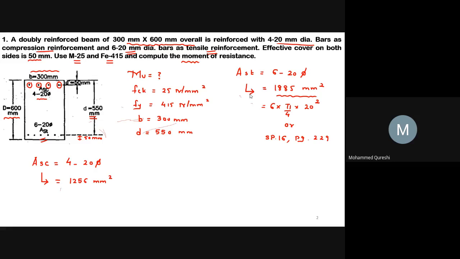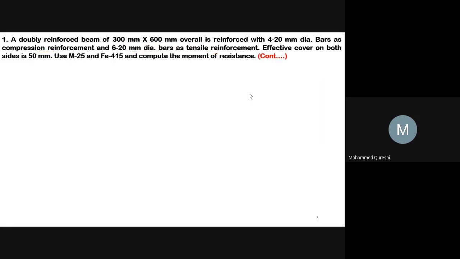Now, as we had discussed in the previous lecture, we have to find the value of FSC and FCC. So we will go for that step.